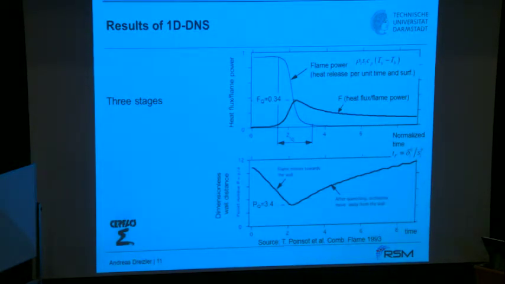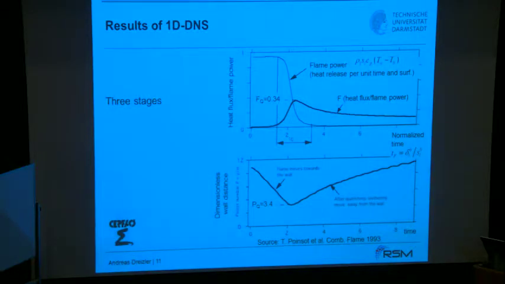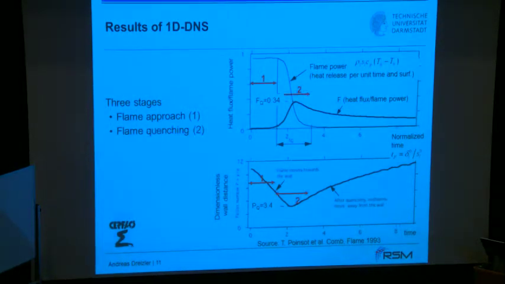Okay, so that has been analyzed by, for example, Thierry Poinsot at CERFACS in Toulouse, in a paper in Combustion and Flame 93, where he identified, based on such simulations with simplified chemistry at that time, the flame approach that is shown here in phase number 1. What you see here is the flame power. The flame power is not yet disturbed. Then you also have a constant flame speed.